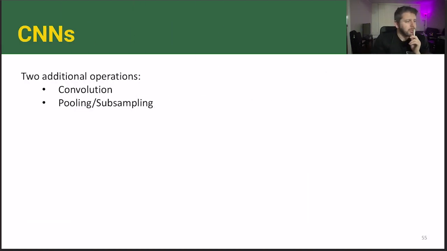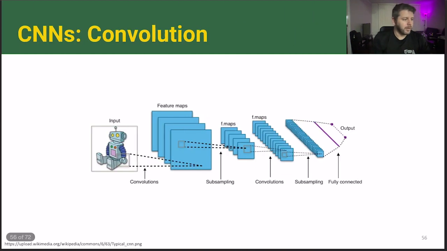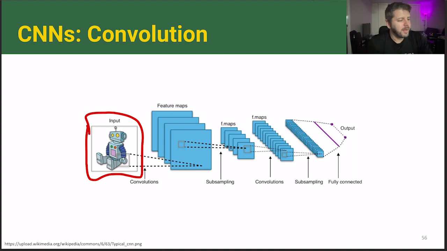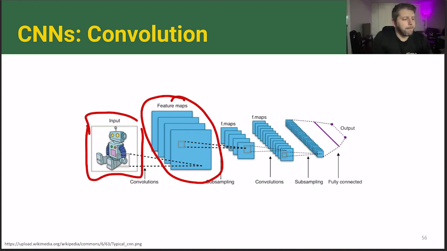But yeah, back to two additional operations in CNN. So they're the convolutional operation and the pooling or the subsampling operation. So we have this input here as a robot. Then we define how many feature maps that we want to learn, which are specifically defined by smaller kernels.